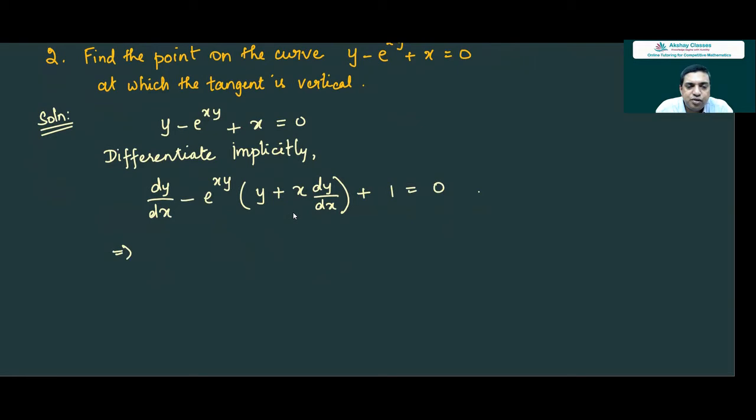Now let us look at this. So collect dy by dx terms. We get 1 minus x into e power xy plus 1 minus y into e power xy.